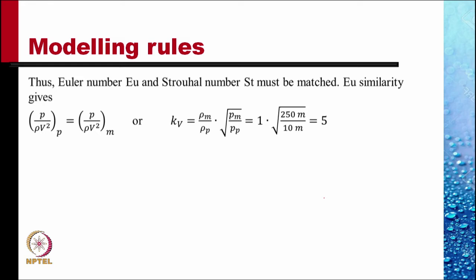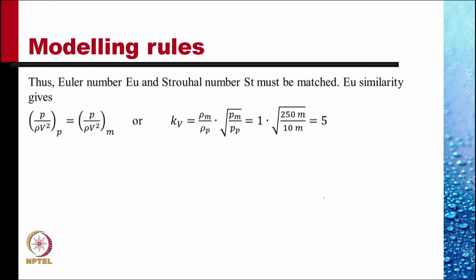The Euler number similarity gives P divided by rho V square for the prototype should be same as that for the model. And from this, we obtain Kv is equal to rho m by rho p into under root Pm by Pp. Rho m by rho p is 1 since we are using the same fluid, so the density is the same.